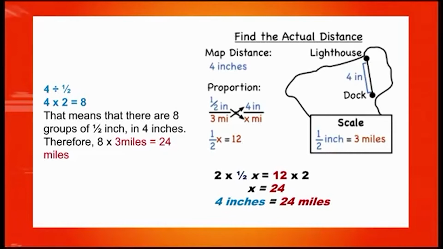I want x. I am going to multiply throughout by 2 to get x by itself, to factorize out that half. And I would have 12 times 4 is 24 miles. So 4 inches will give me 24 miles in actual distance.